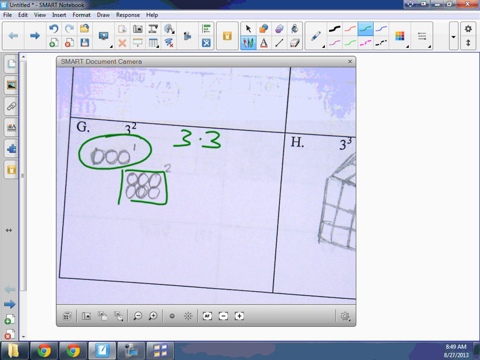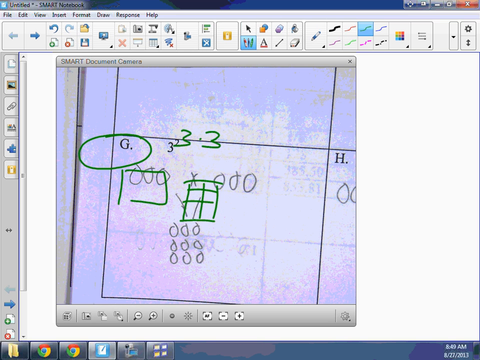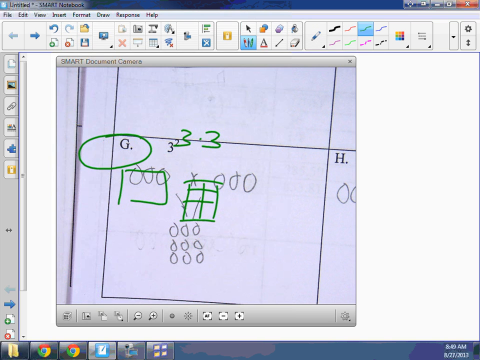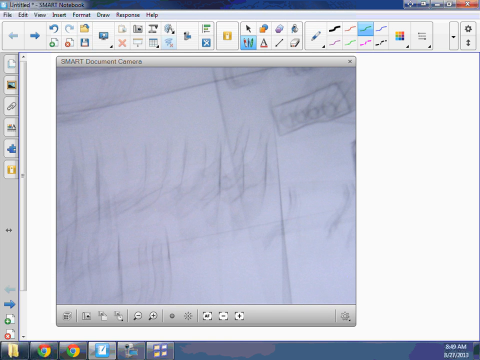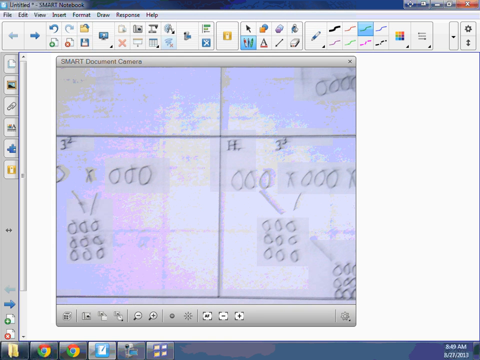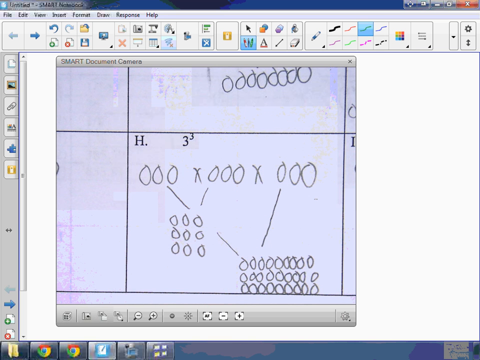So if we were to combine those, we would end up with this one. So 3 versions of 3. So every time I add an exponent, I'm going to triple my picture. Okay? So here, we have 3 times 3 times 3.